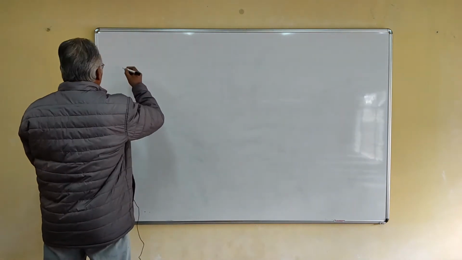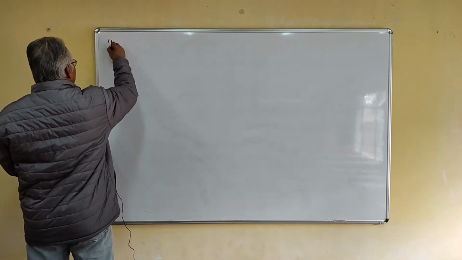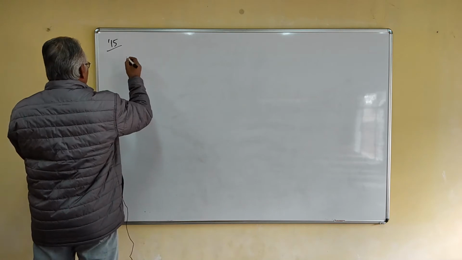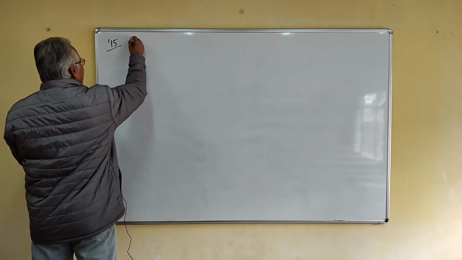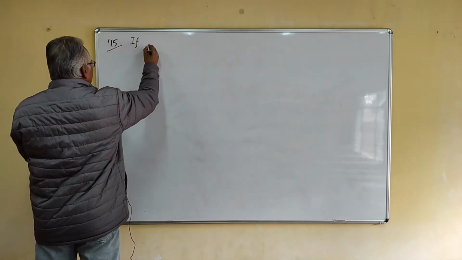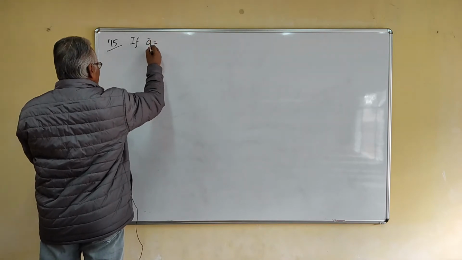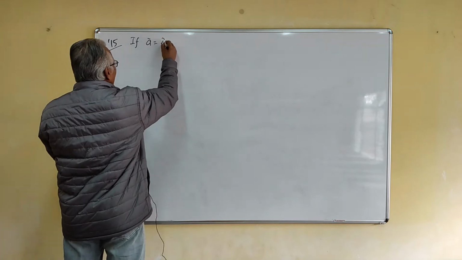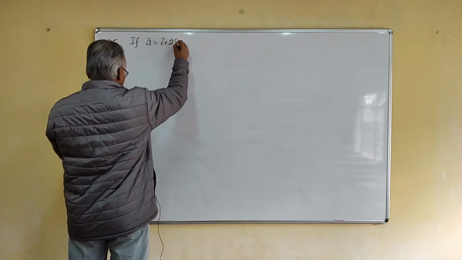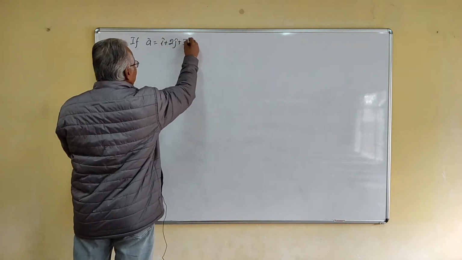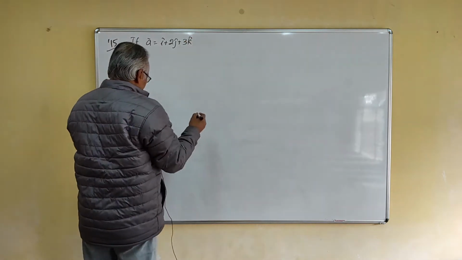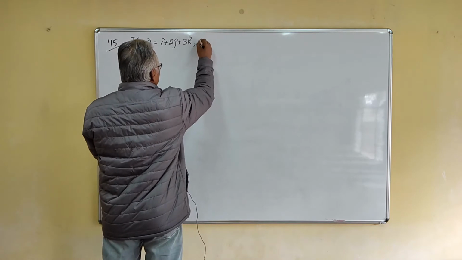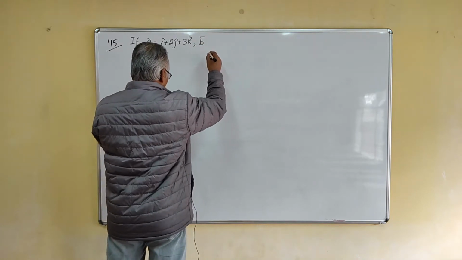So this was set in the year 2015. I think you should be able to do it. Vector A is i plus 2j plus 3k, that's the value of A, and B is yet another vector.